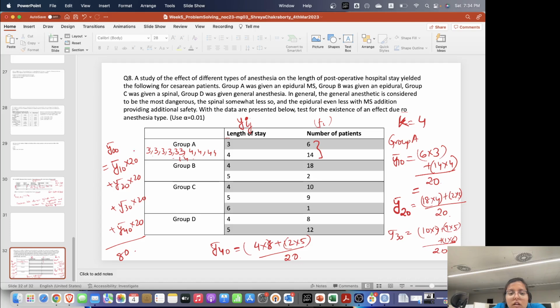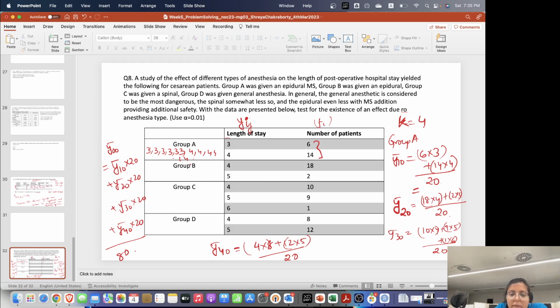Now imagine y naught naught bar is what? Sum of all observations divided by the total number of observations. So y1 naught bar into 20, if we put it this side, will give us the total stay for group A. If I add everything and divide by 20, I get the group mean.